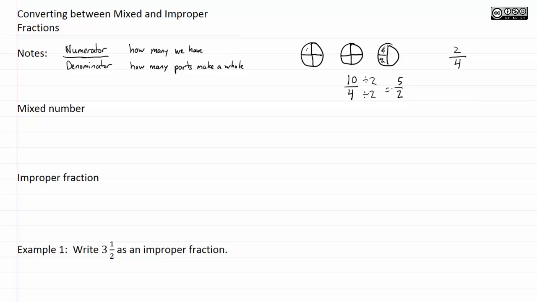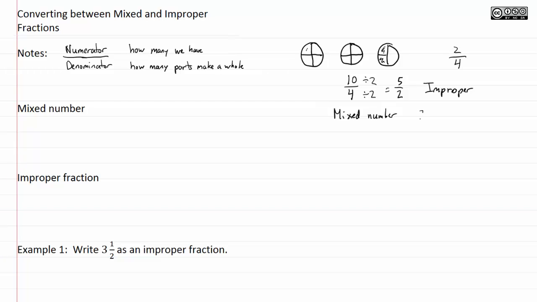Now if someone told you they had 5 halves pizzas, you'd be like, what in the world does that mean? Well really what that means, you have a pizza here, and another one. And so this right here is the improper, but we're used to thinking a lot more like a mixed number. And so the mixed number version would be most likely what you'd say.